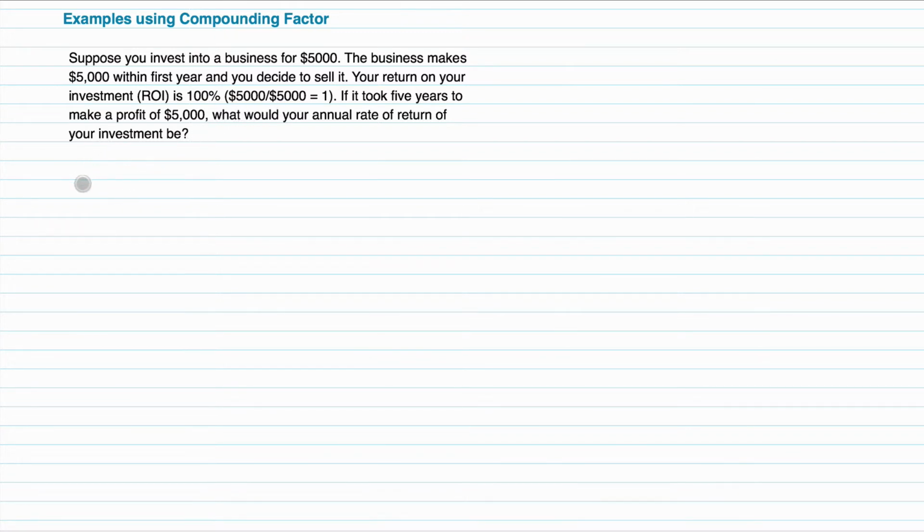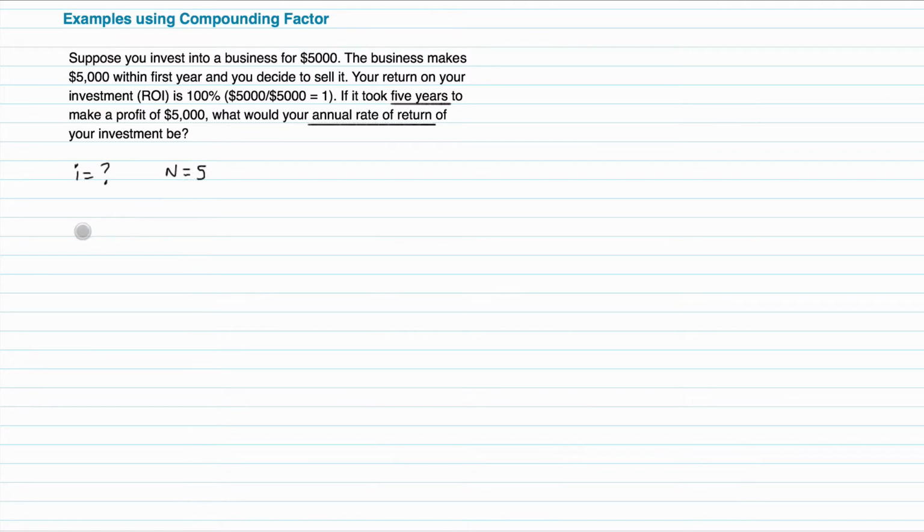So what is our annual rate of return if it took 5 years rather than 1 year to make $5,000 profit? So what is I? What is our annual rate of return if it takes 5 years to make $5,000 profit?